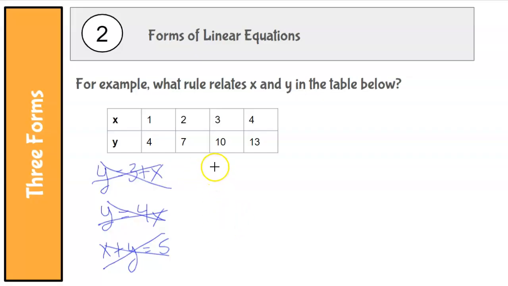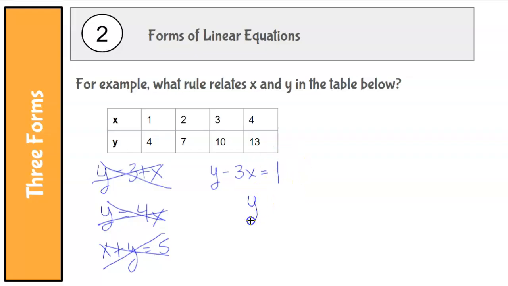The relationship is actually y minus 3x equals 1. So 4 minus 3 times 1 is 1. 7 minus 3 times 2 is 1. 10 minus 3 times 3. And you see it's always equaling 1.